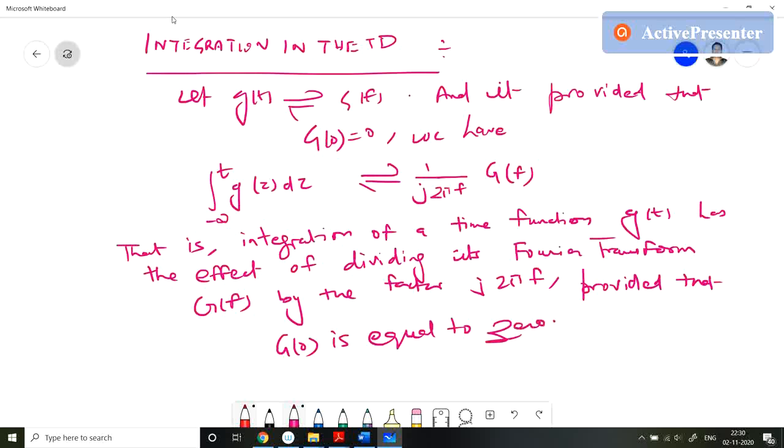If this condition is satisfied, then the integral from minus infinity to t of g(tau) d tau is equal to 1 divided by j 2 pi f into G(f).